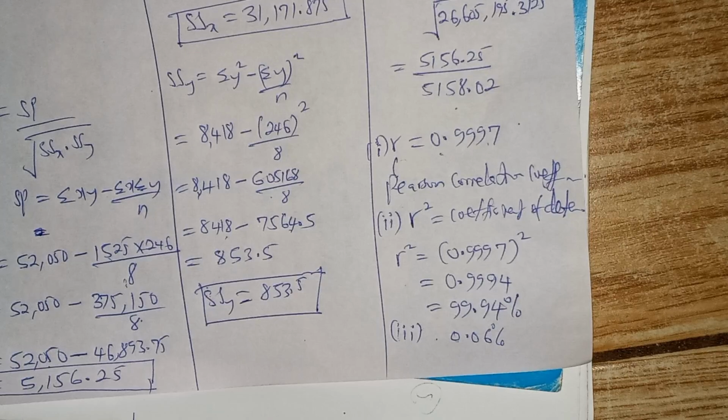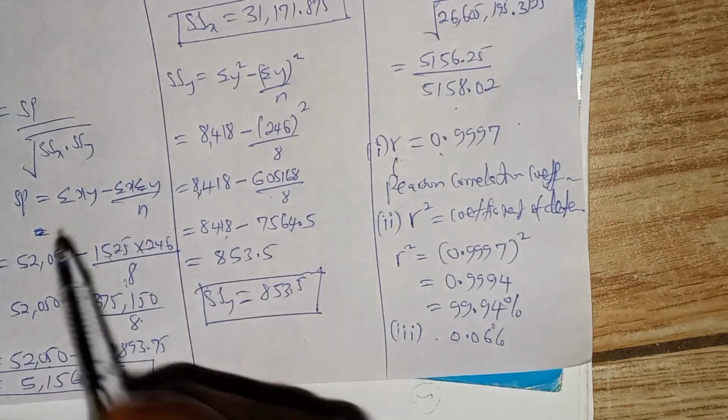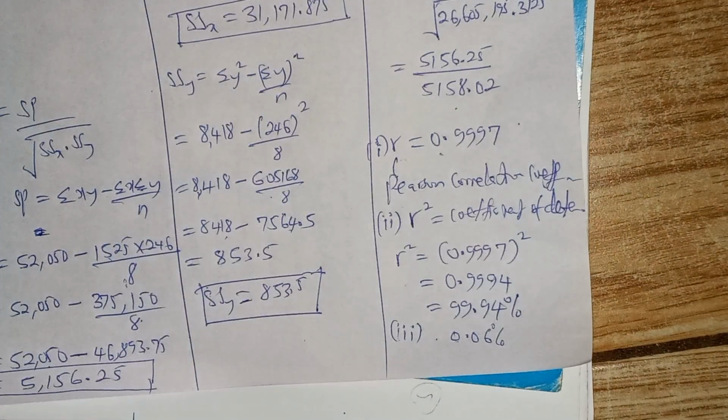Now finally, this tells us that when we subsidize fertilizer, we increase our output. So whenever fertilizer is subsidized, then our yield will increase. Finally, subsidize fertilizer and then increase yield or output.